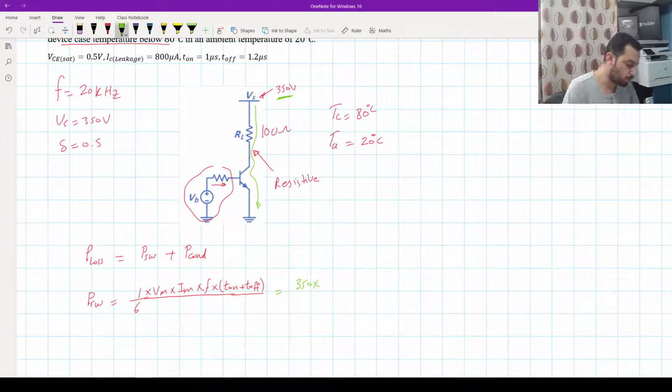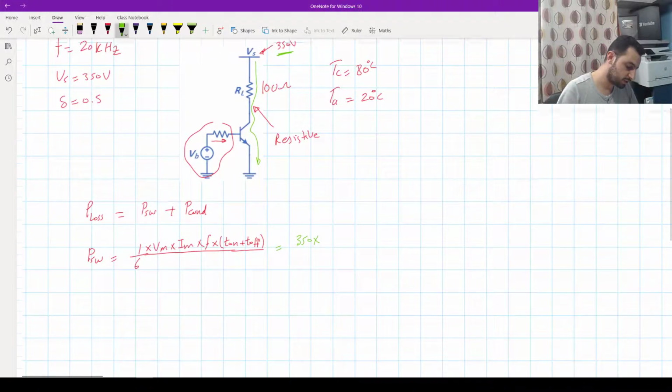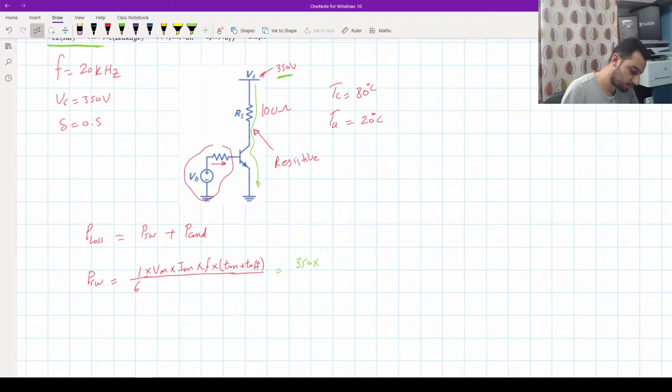We know the VCE max is 0.5 here, but we will assume it's 0 just to make the calculation simple. So what is the current going through the transistor if we turn it on completely? It's the voltage divided by the resistance: 350 volt divided by 100, which gives 3.5 ampere.